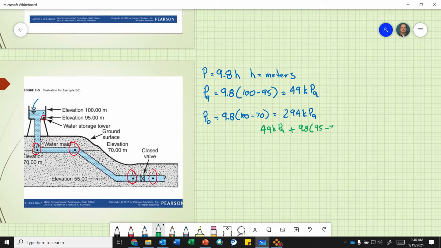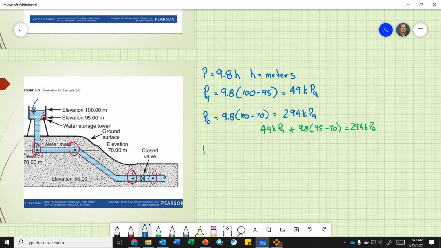So 95 minus 70 was 25, times 9.8, plus 49. I get the same answer, 294 kPa. So two ways to solve that problem. Okay, I just like to start from the beginning at 0. All right.